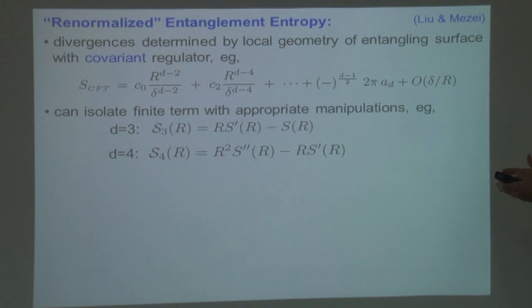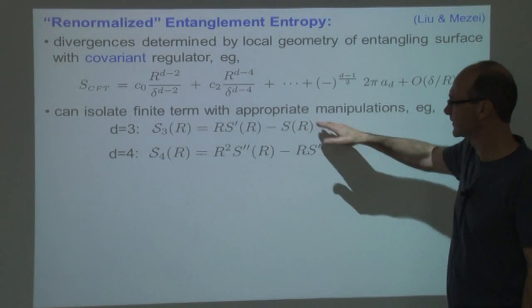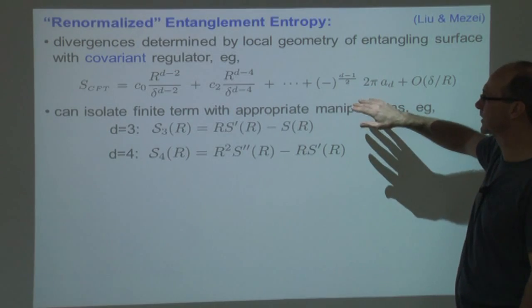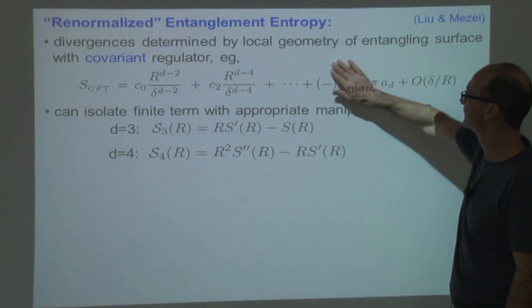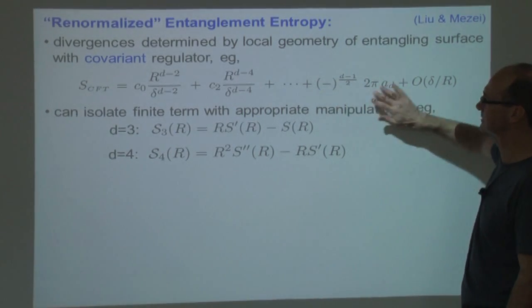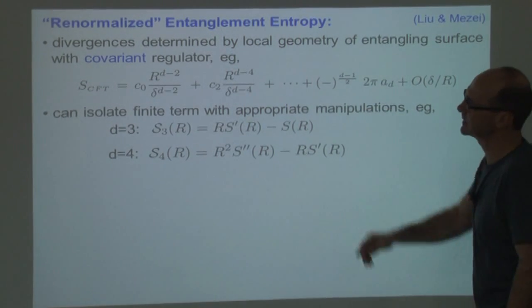And if I take various derivatives, and if I do stuff, I can manipulate this expression, and I can get rid of all of this stuff and just identify or focus in on this constant term. This was implicitly for a CFT.